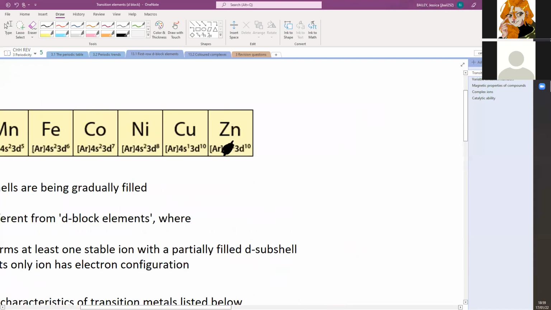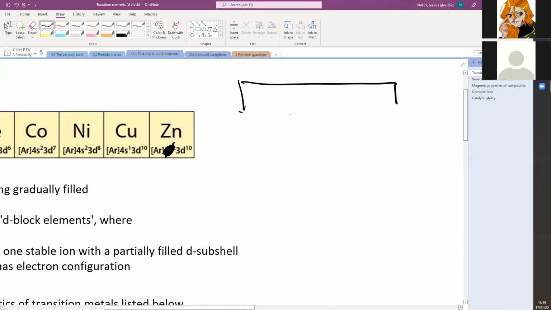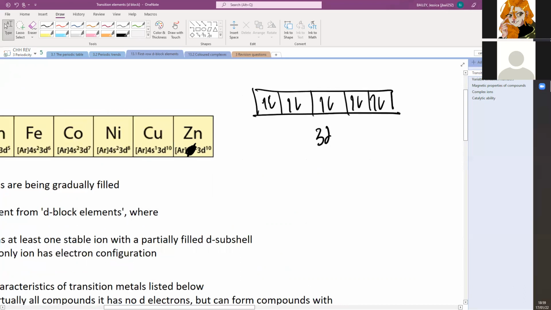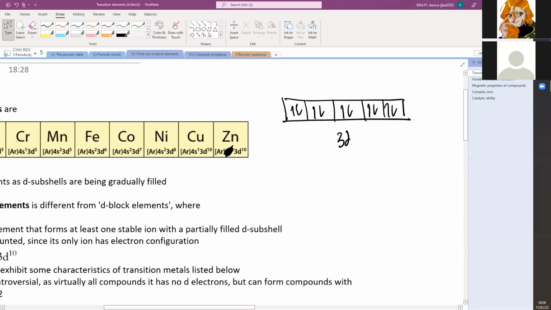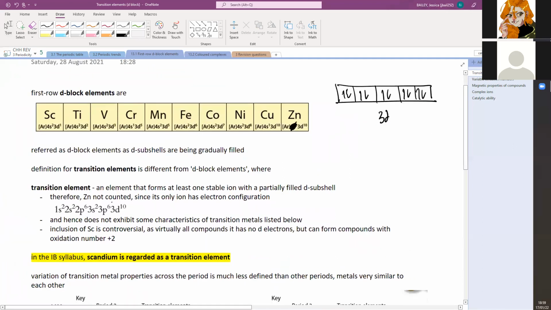And remember, the D subshell, like in your electron configurations, has 5 orbitals. So if I have 10 electrons in total, I filled up everything. So zinc is not a transition element, but scandium is. Now, I got that wrong in an exam once, and I'm still salty about it.